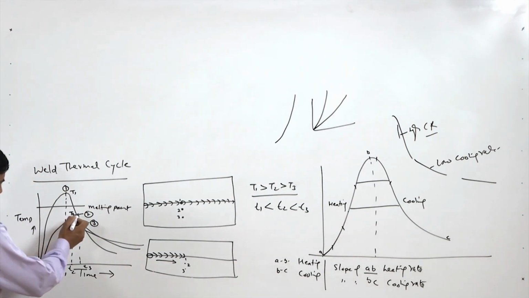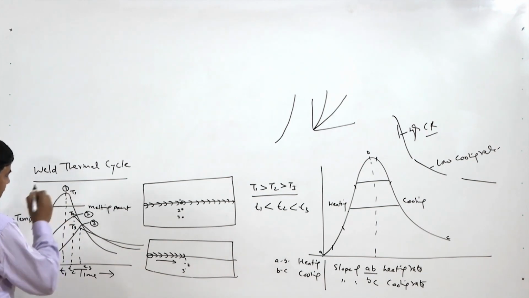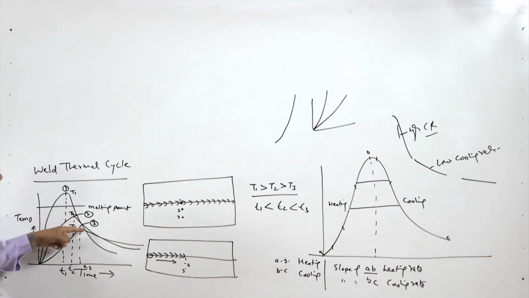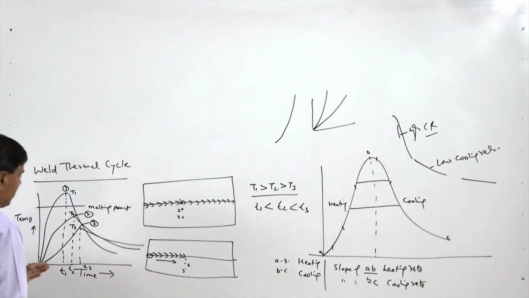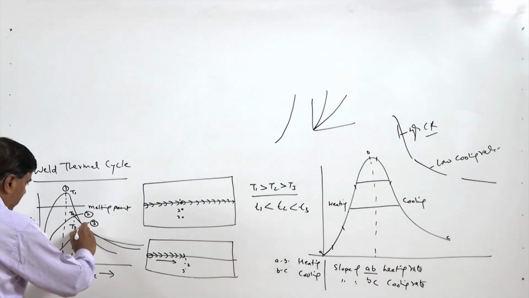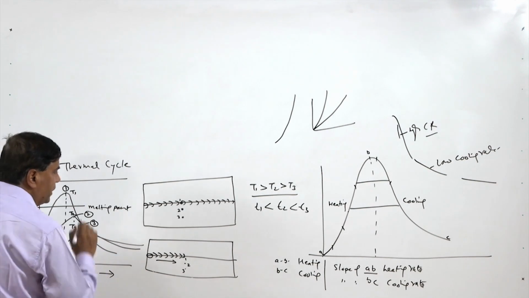Similarly, for point 2, the slope is somewhat lesser than that for point 1, indicating that the heating rate experienced by point 2 is somewhat lower, and the cooling rate is also somewhat lower, as it reflects from the lower slope. Similarly, point 3 shows that the heating rate is further lower, and similarly the cooling rate is low.